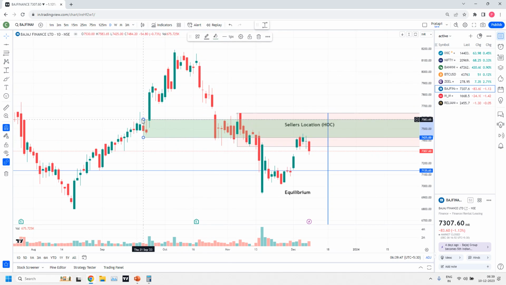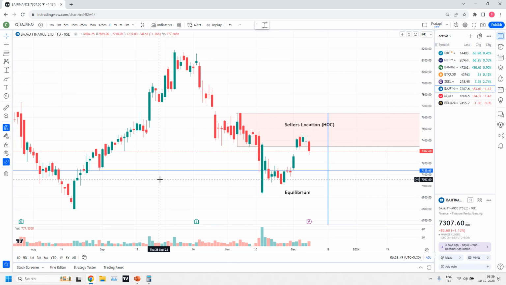Now, even by violating this demand zone, the trend is changed to downtrend. Now all the demand zones are violated. Now to change the trend from downtrend, one of the existing supply zones should be violated. But that has not happened yet. That is the reason why the trend of this particular stock is still a downtrend.